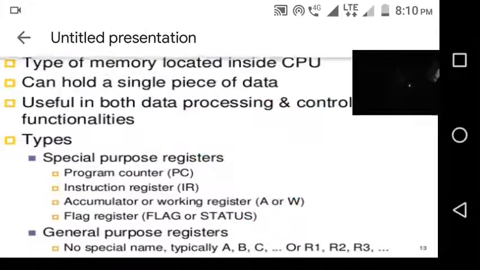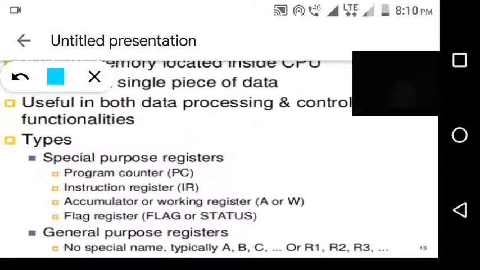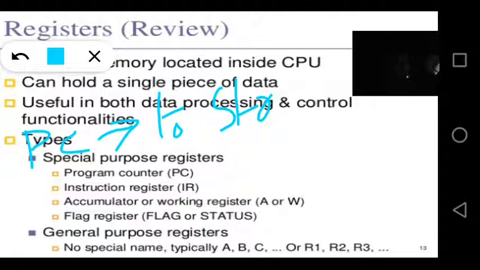The specialty of the PC register is that it is used to store the address of the next instruction to be executed.